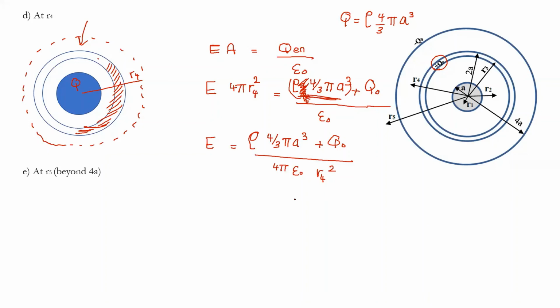I know the expression looks complicated, but what happened is simple, right? You just find the total charge inside and then you divide it by 4 pi epsilon naught times radius to the power 2.